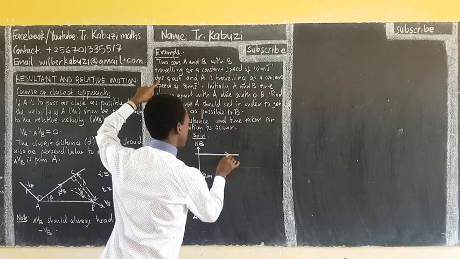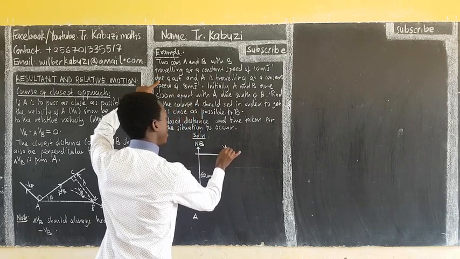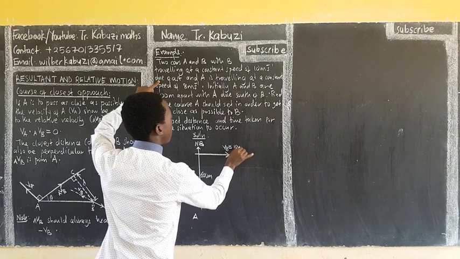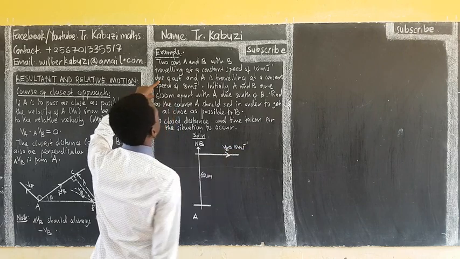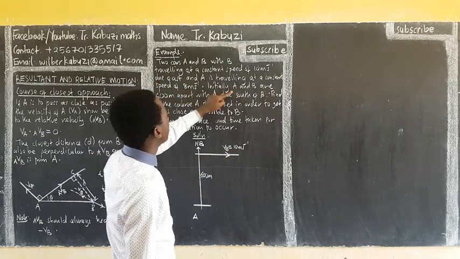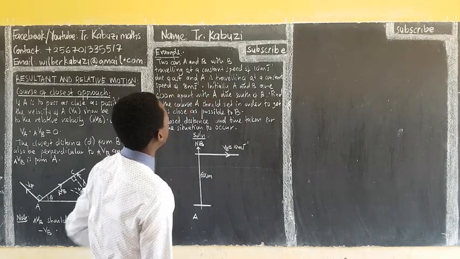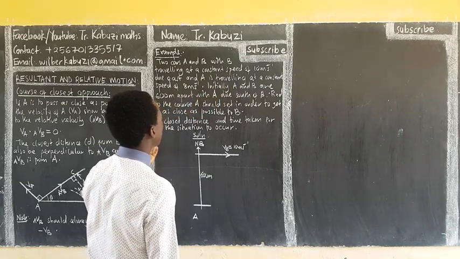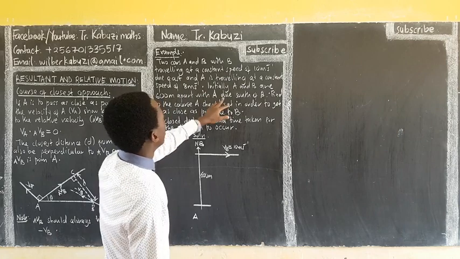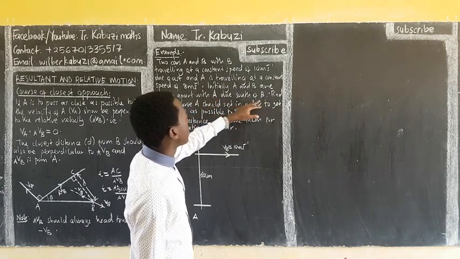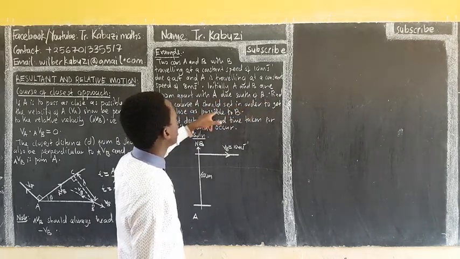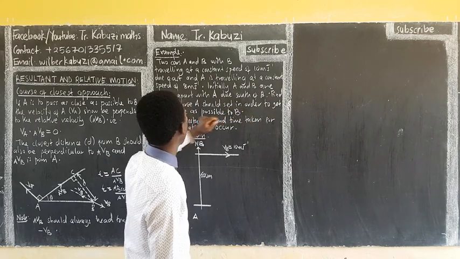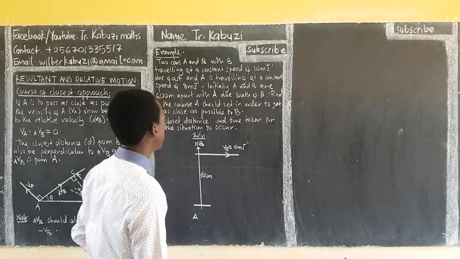So this is the velocity of B, 10 meters per second due east. And A is traveling at a constant speed of 8 meters per second. Now they are going to give us the direction. Find the course A should set in order to get as close as possible to B.